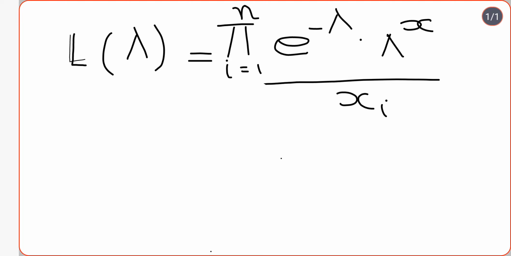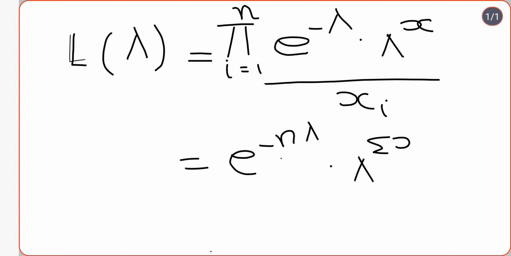Now if I remove this pi and put it together with this e to the power minus lambda, with this lambda to the power x, and with this x factorial, then it can be written as e to the power minus n lambda into lambda to the power summation xi. You may write it summation xi also.